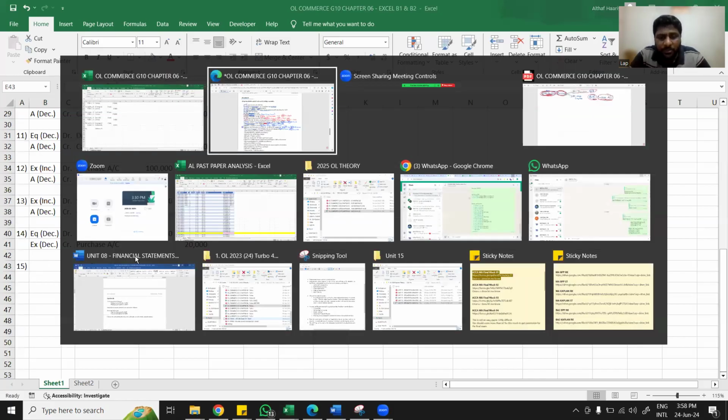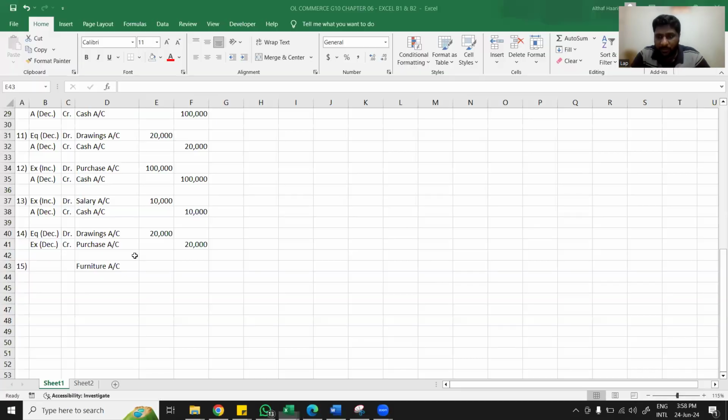How much? 50,000, no? Furniture asset increases, debit. Cash asset decreases, credit. Good.